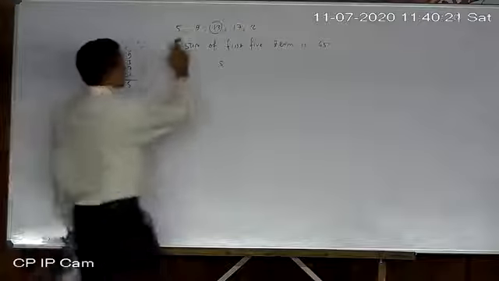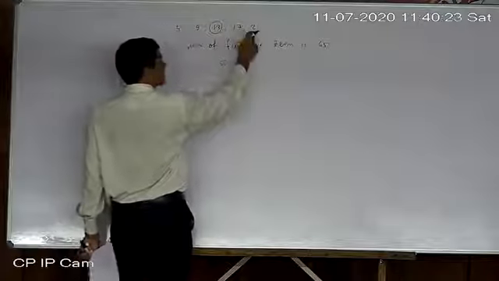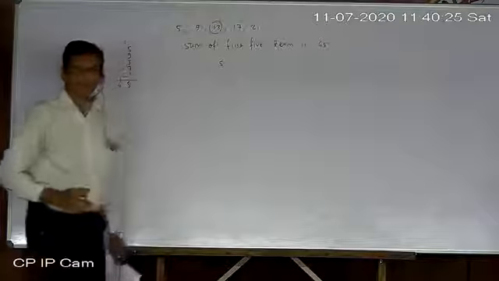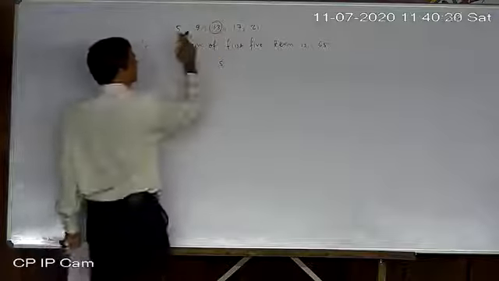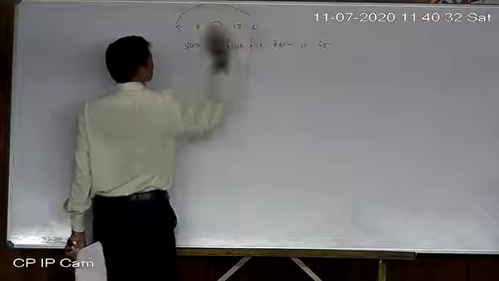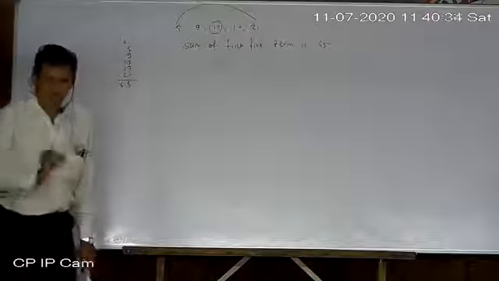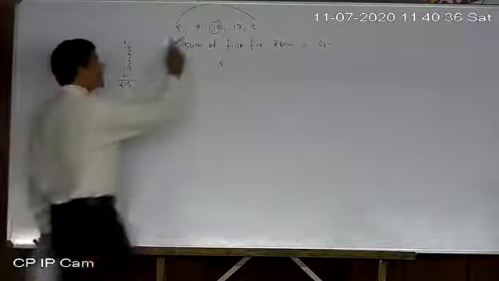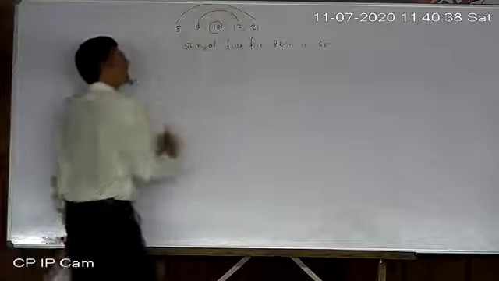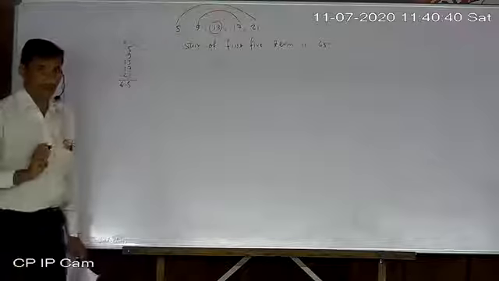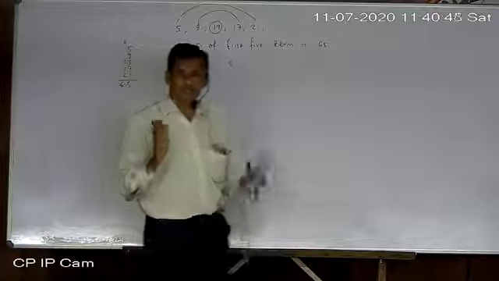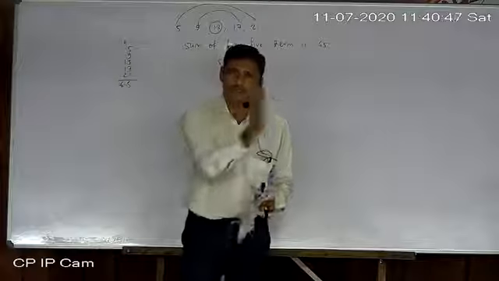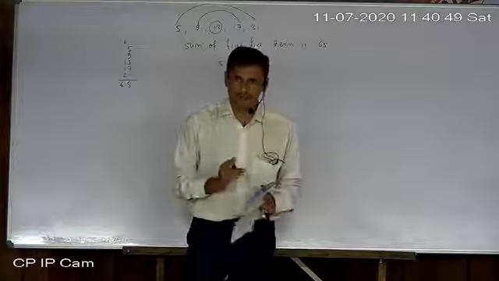Otherwise, if you add the first and last and take the average of that, it will be obviously 13. Suppose 21 plus 5 is 26, 26 by 2 is 13. 9 plus 17 is 26, 26 by 2 is 13. So the average is nothing but the sum of the first and last terms divided by 2.